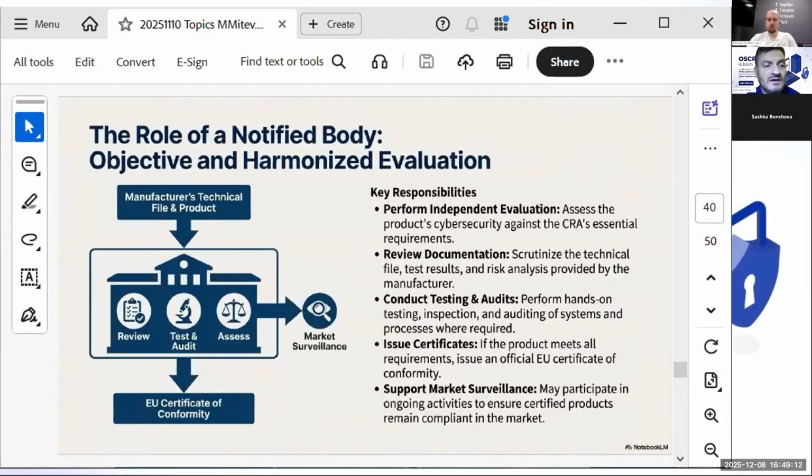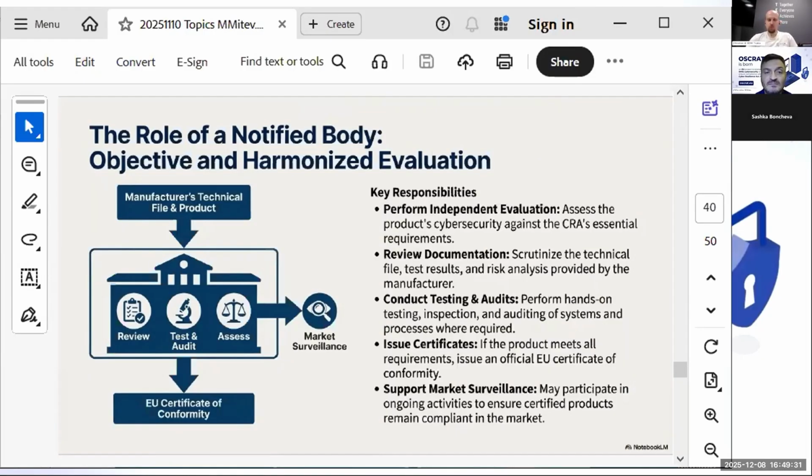The role of a notified body includes several important tasks. It performs independent evaluation of a product's cybersecurity and checks whether it meets the essential requirements of the CRA.